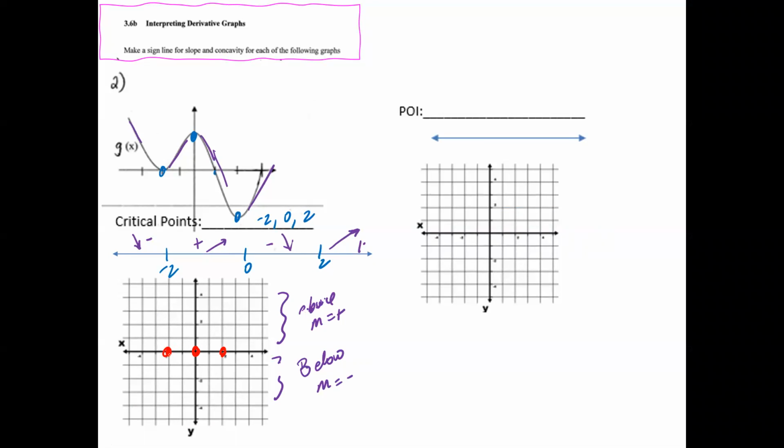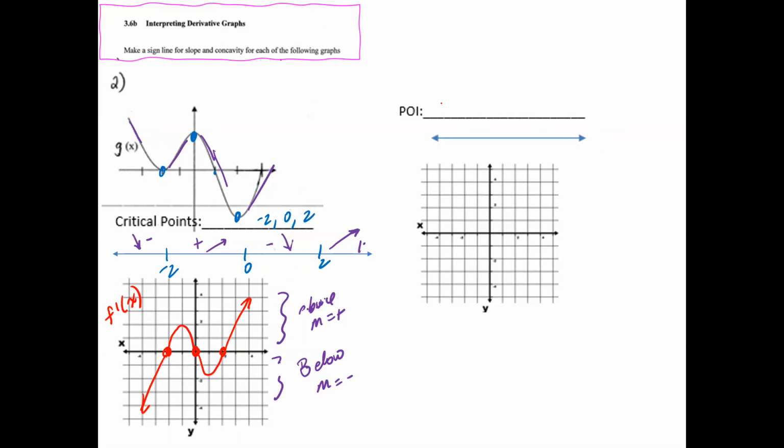On the left side of -2, it's negative, so we go below. In between -2 and 0, it's positive, but remember you have to meet from one side to the next. You can't just have it hanging all the way up, so it has to go like this little curve. Then from 0 to +2, it is negative. And then above 2 to positive infinity, it is a positive slope. So that is your graph for f prime of x.